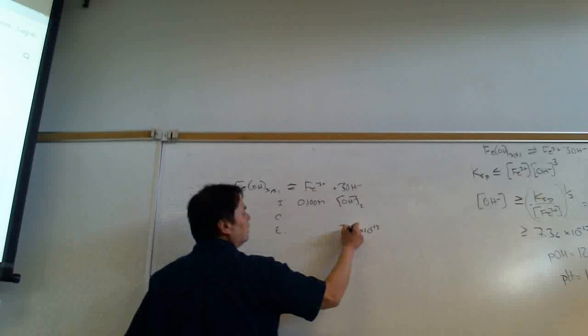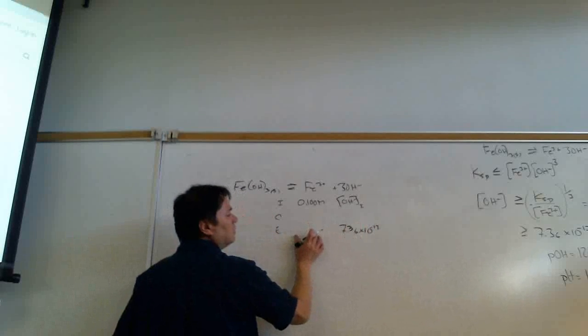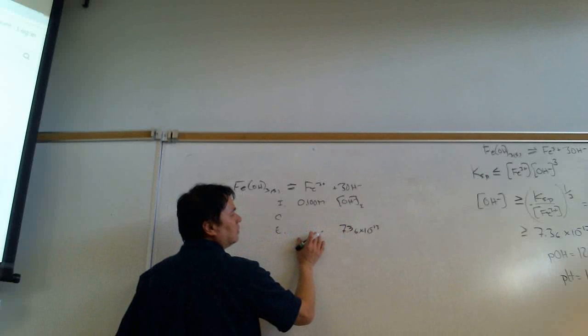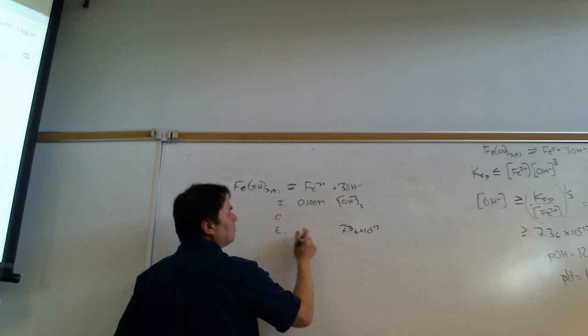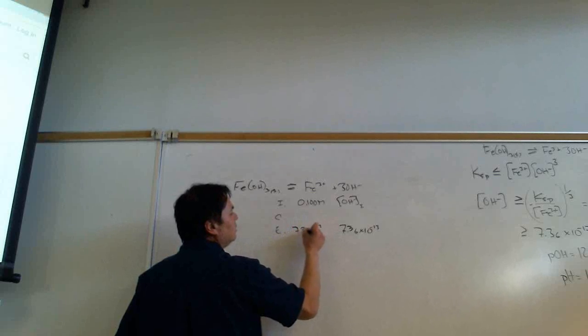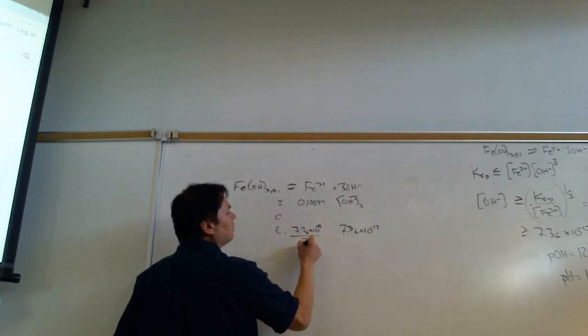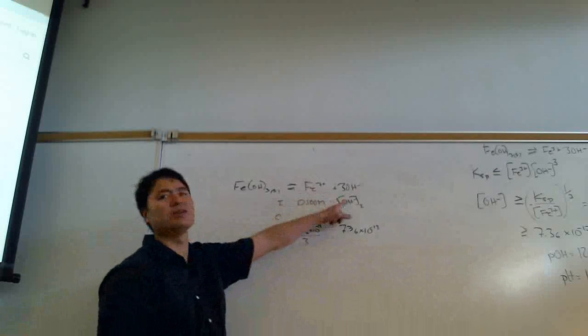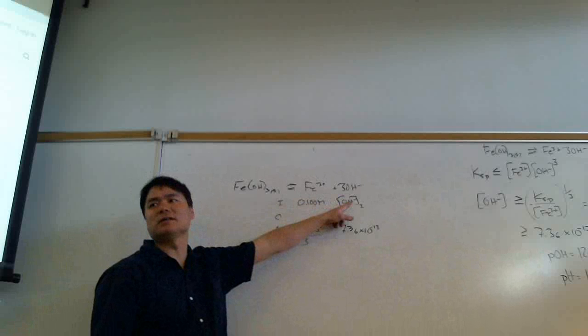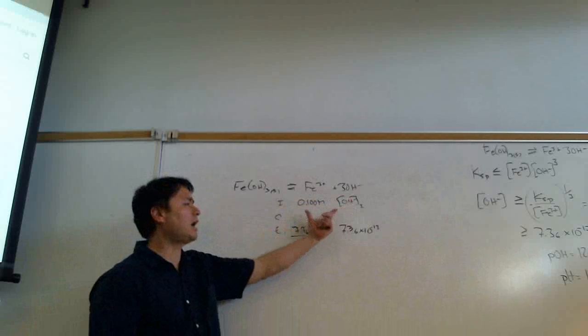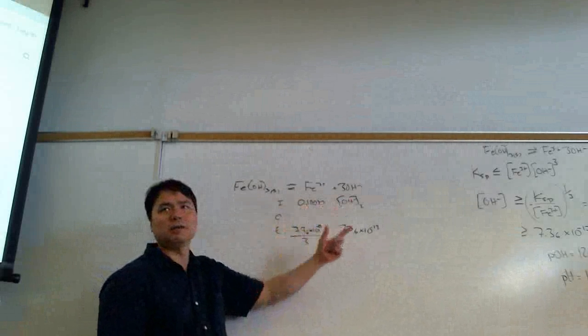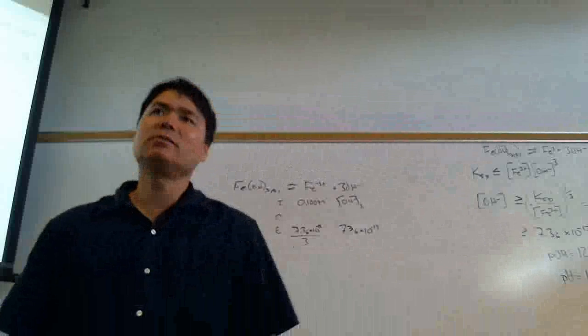And over here, this is going to be one-third of it, so 7.36 times 10 to the minus 13 divided by 3. This is one-third the concentration of that. Does that make sense?